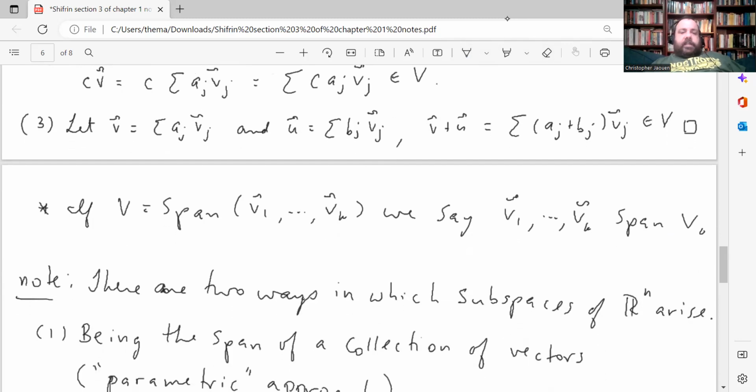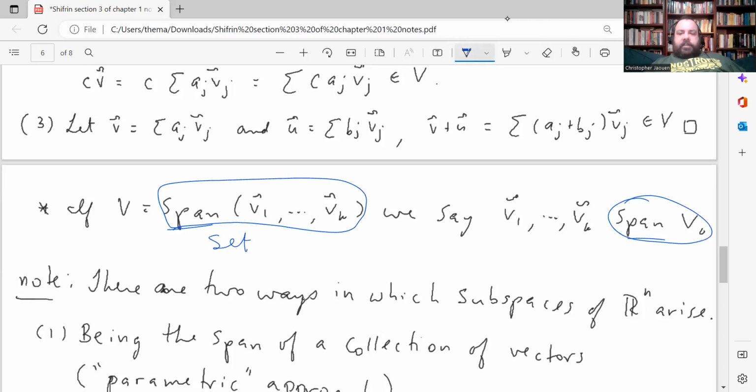If V is equal to span v1 through vk, then we say that v1 through vk span the vector space V, or the subspace V. So there's a difference between the way that we're using span here and span here. Here, this is a set, whereas here we're using span as a verb.